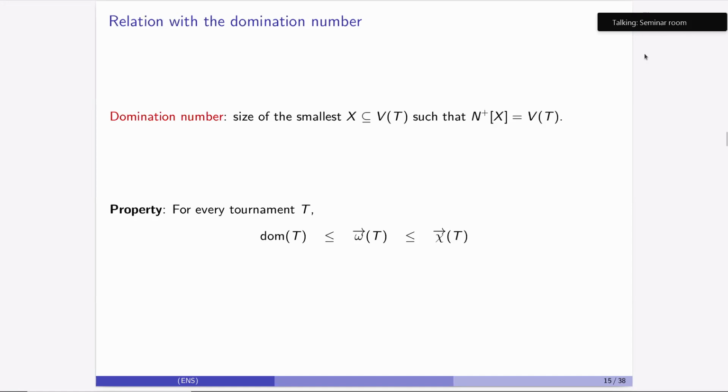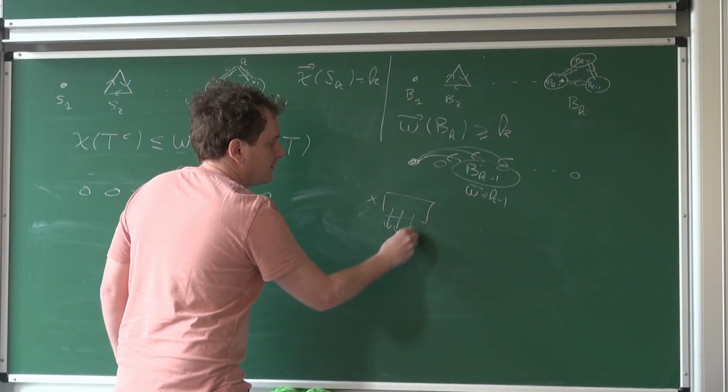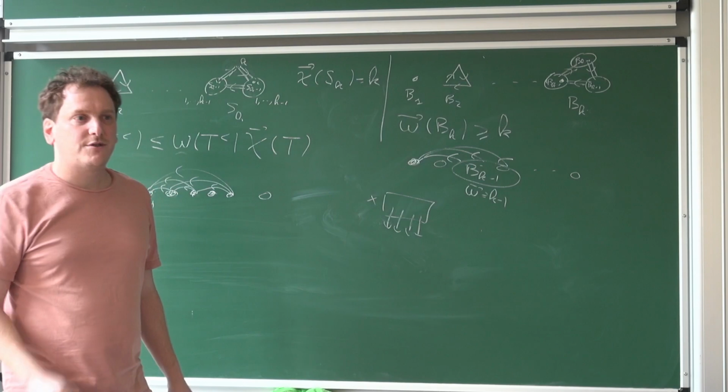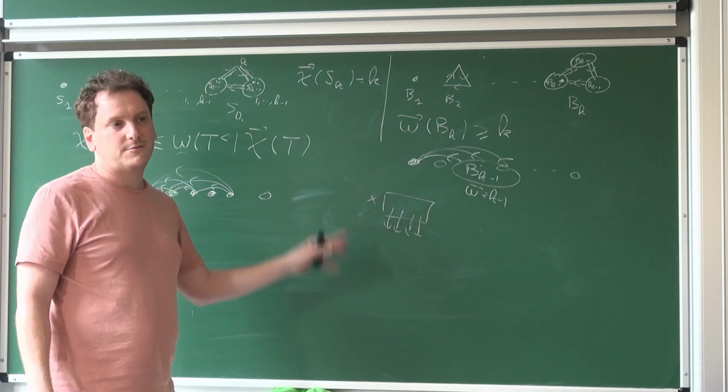Okay, now I link this clique number with another digraph parameter, which is domination number. So the domination number is the smallest set of vertices that sees every other vertex. So the out-neighborhood of this union is the whole tournament.